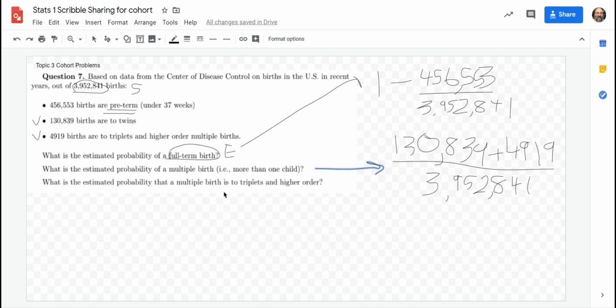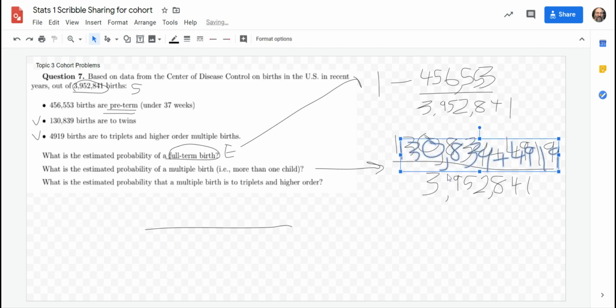We've been told that there's a multiple birth, so we've been told it's twins or triplets or higher. So the sample space is that number that I had before. The sample space, the bottom of the fraction, is the top of the fraction from the item before, right? This 130,000 something plus 4,900 something, that's the total number of twins and triplets and above.